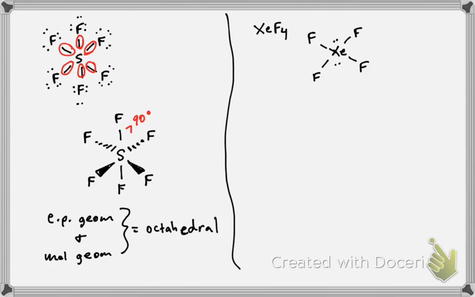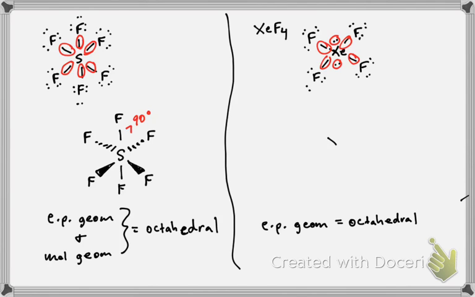We worked through this in class, so we figured this out, and we've had basically 4 bonds, 2 lone pairs around that xenon atom. So let's count the regions of electron density. 1, 2, 3, 4, 5, 6. Again, we've got 6 regions of electron density. So we're going to say our electron pair geometry is octahedral.